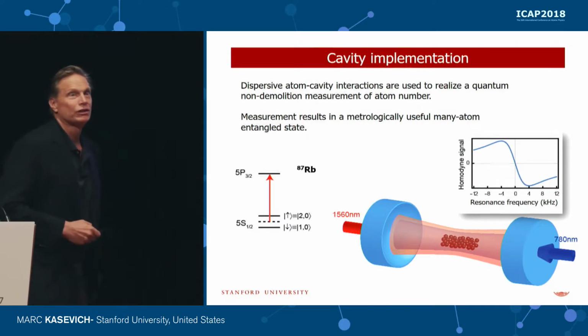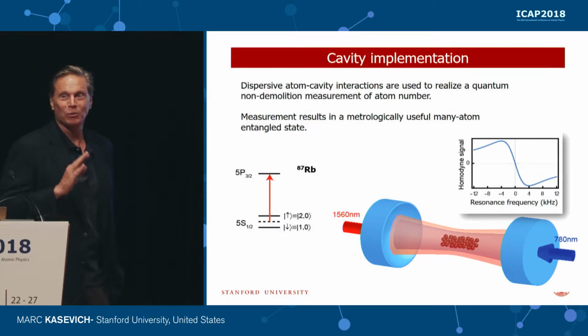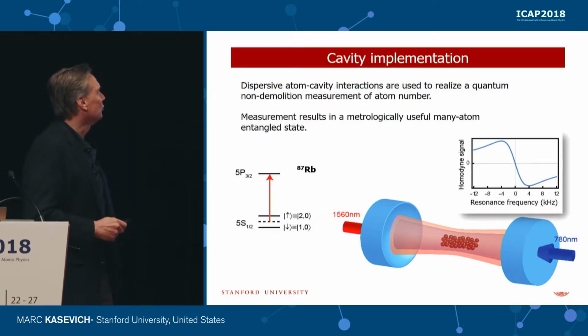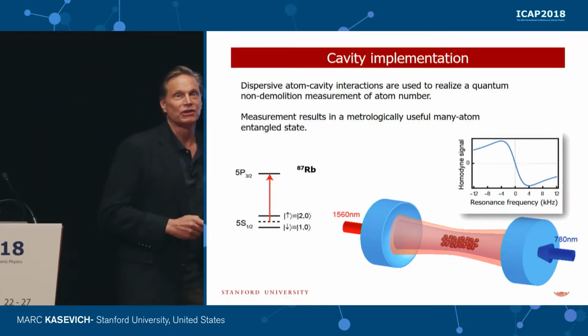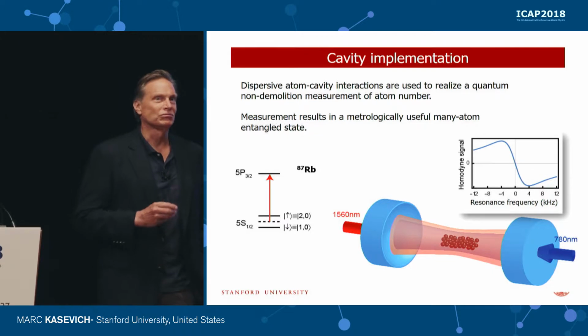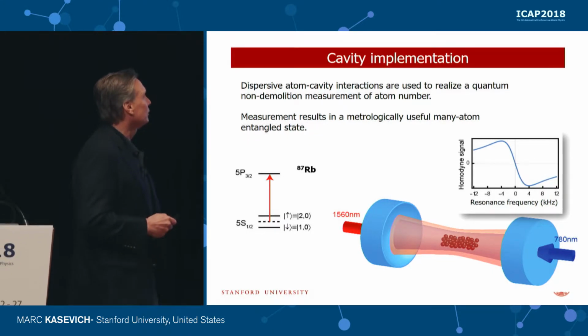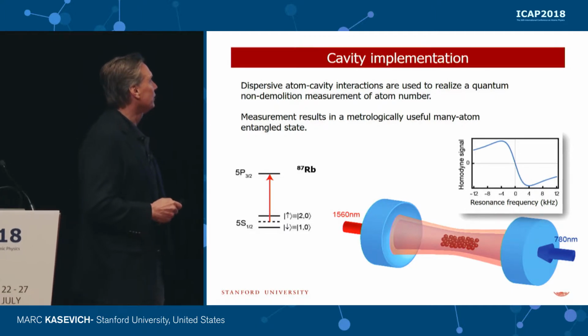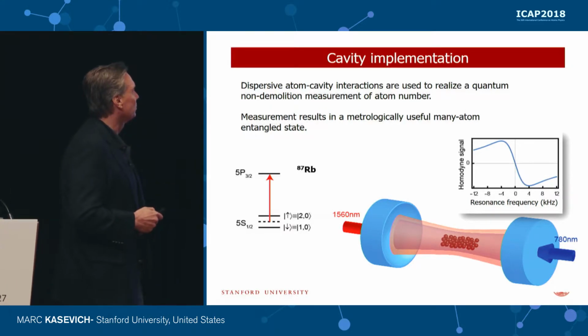So what's our strategy? Well, the strategy is to follow a well-hewn path to essentially count the number of atoms in a given state using non-demolition measurements, by essentially measuring the phase shift associated with an individual atom, associated with the propagation of light through the atoms in the cavity.